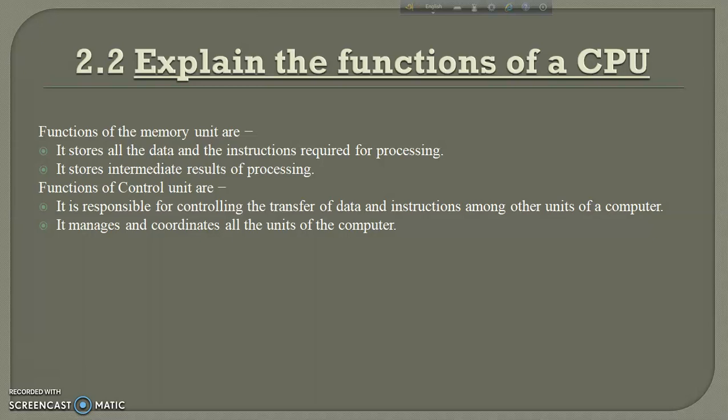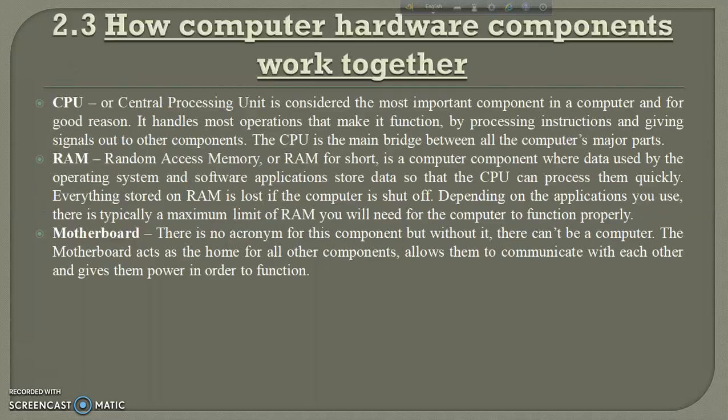Functions of the control unit are: it is responsible for controlling the transfer of data and instructions among other units of a computer. It manages and coordinates all the units of the computer.